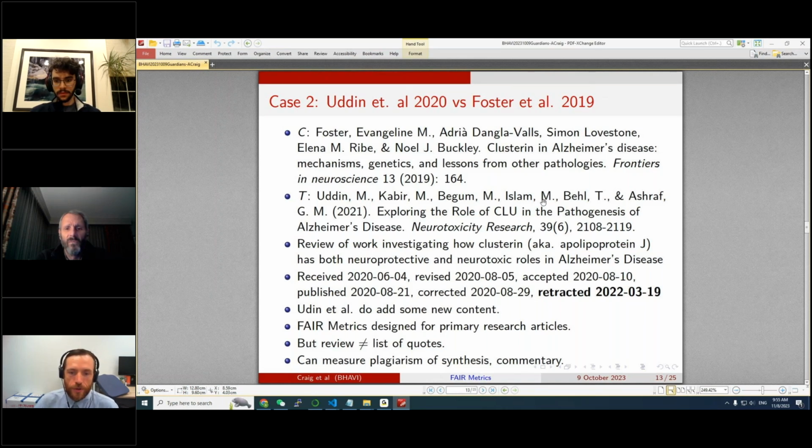And so we can see that even though the FAIR metrics were originally designed for primary research articles, they can still work and provide some indication of the presence of plagiarism or misrepresentation in a review article, because after all, a review isn't just a list of quotes from other articles.